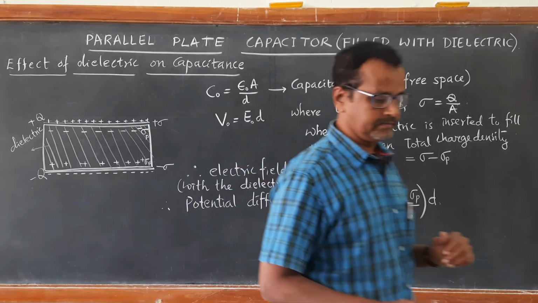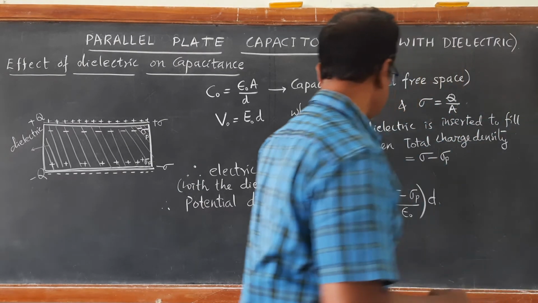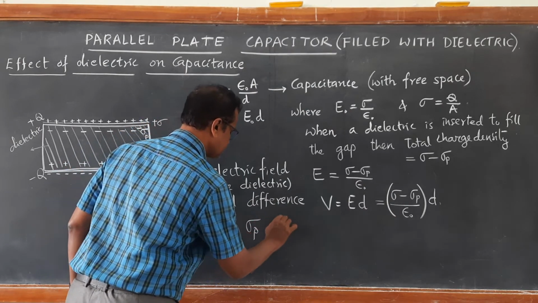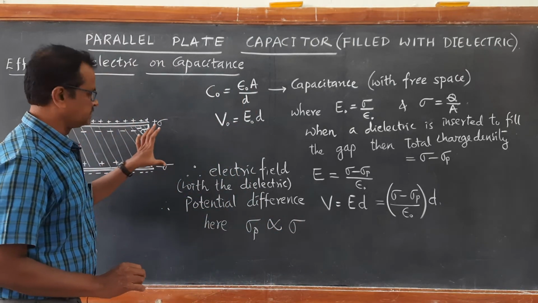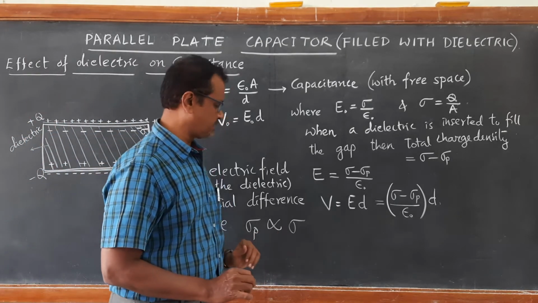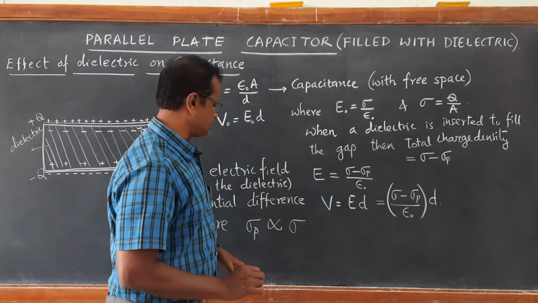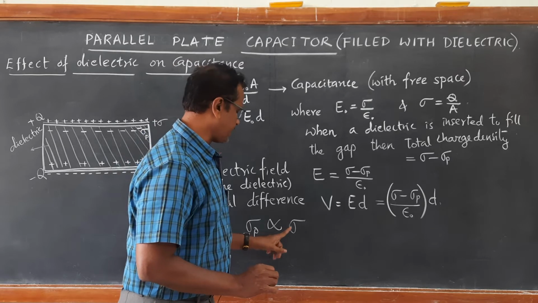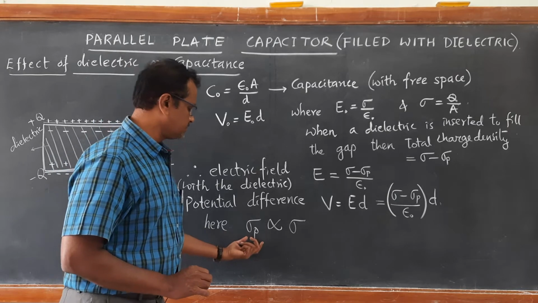Here, how it is written. Now the polarized charge density sigma p is directly proportional to the initial charge density before inserting the dielectric. Sigma p is directly proportional to sigma. Therefore, if you take out this proportionality sign, we get a constant. So this is the important thing.